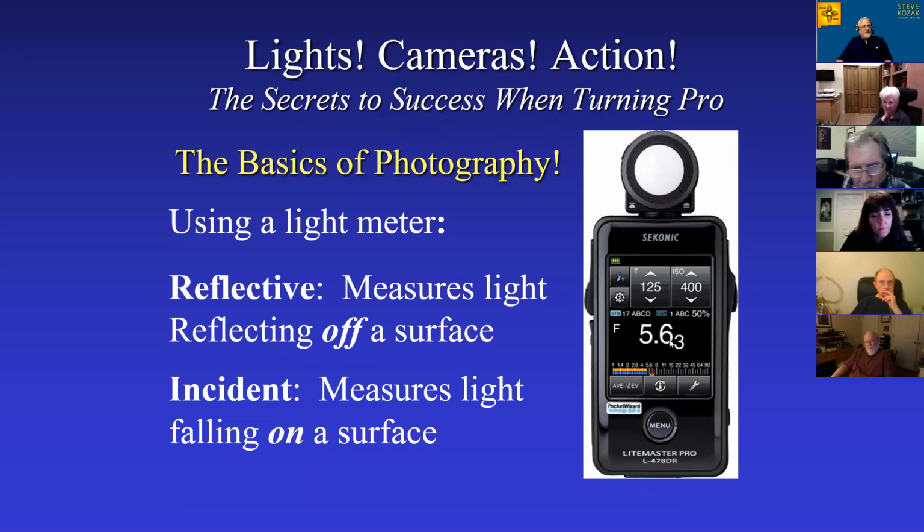And that's what this little number is right here. So when I look at this meter, the exposure is f/5.6 and 3/10 at 1/125th of a second at 400 ISO. And these 3/10 matter to us because we need to pay attention to those.